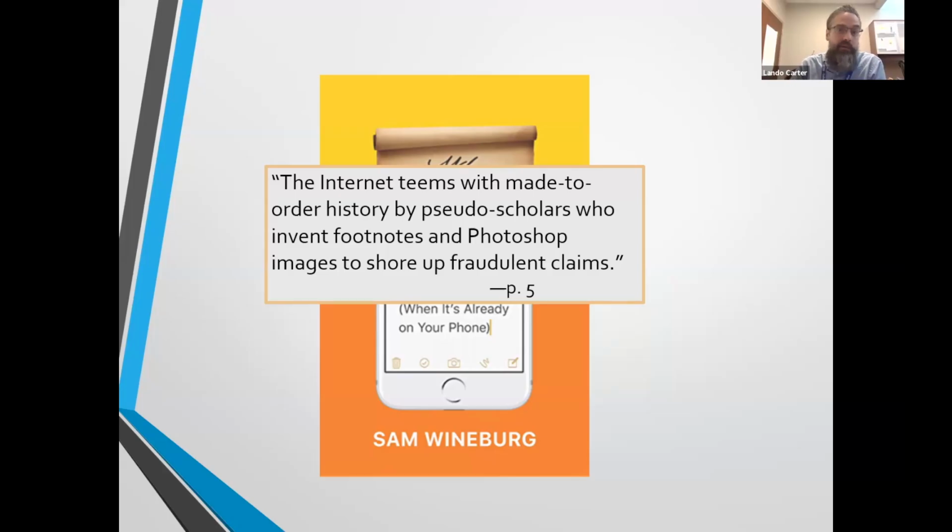This is literally happening as we speak in real time, and it creates nothing but chaos and discord. I love that he uses the word teems, meaning it's literally overflowing with things that aren't true but look true. They look quality and valid. So there's a real crisis here, and I want my students to spot fake news and find good resources to write their papers around.